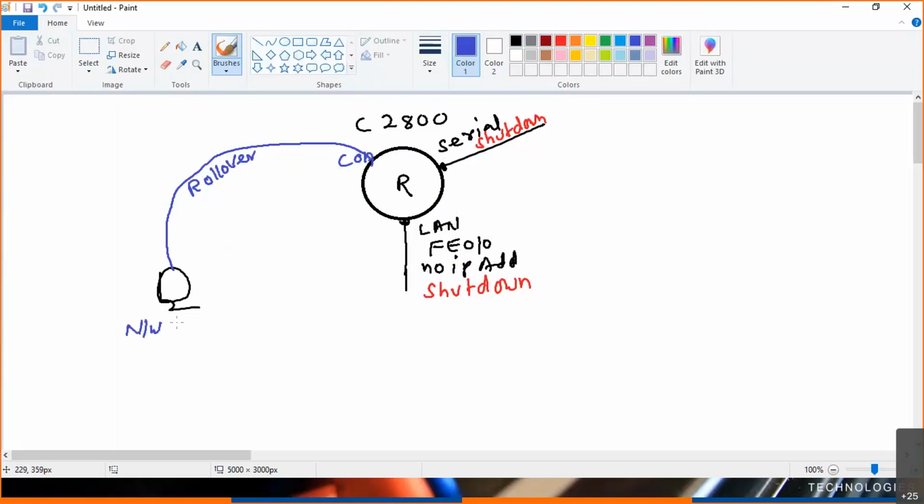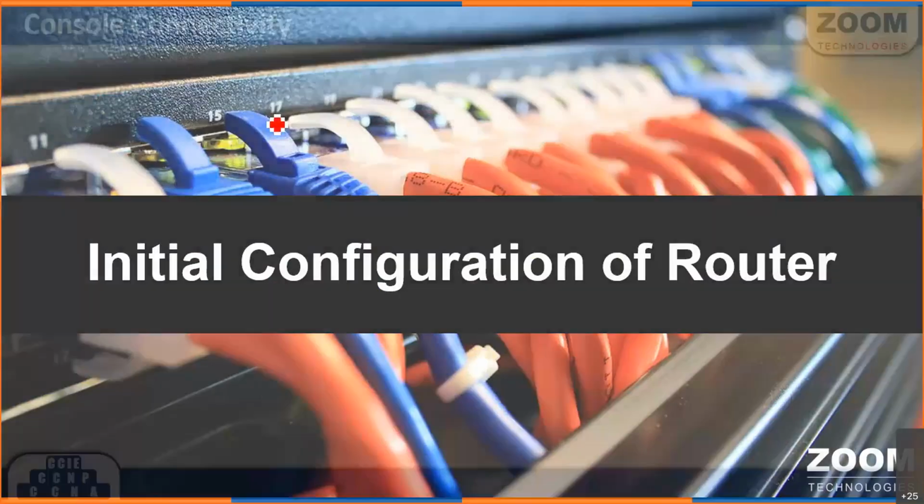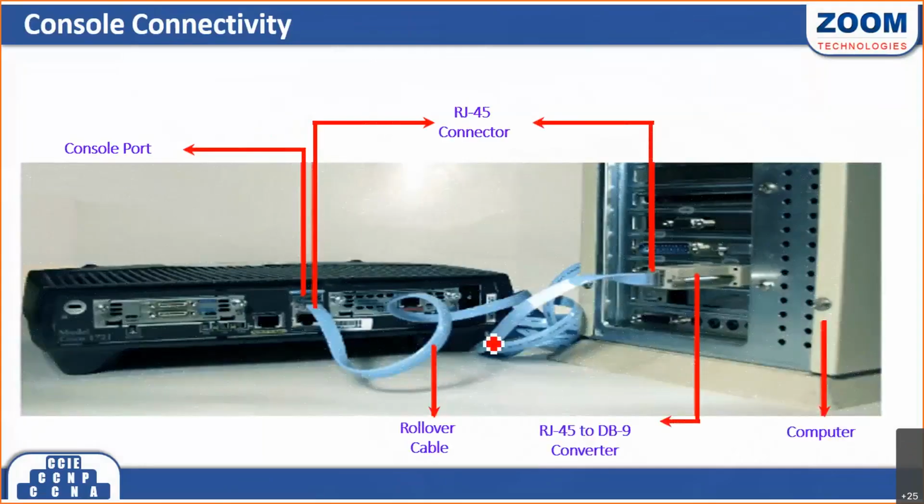From the network admin PC to the console port by using a cable called a rollover cable. That is the network admin PC. So the first requirement to configure a router is a rollover cable. See the diagram of how the connectivity is.